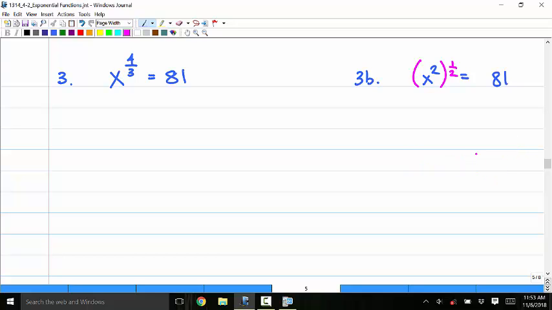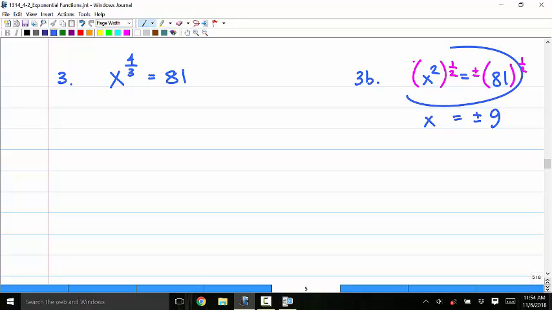So instead of saying take the square root of both sides, say raise both sides to the power of 1/2. And you have to know that to put the plus or the minus out front on the right, correct? So what is x to the 2 to the 1/2 power? What does that become? X to the 1, because 2 times 1/2 is 1. And you get plus or minus the square root of 81, which is 9.